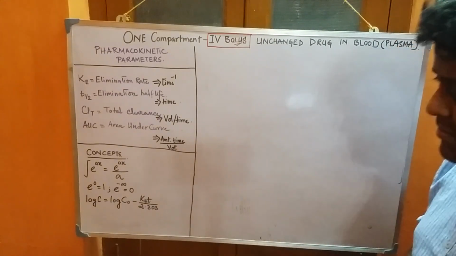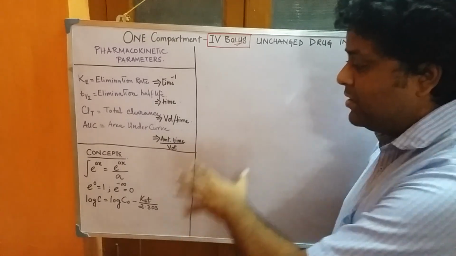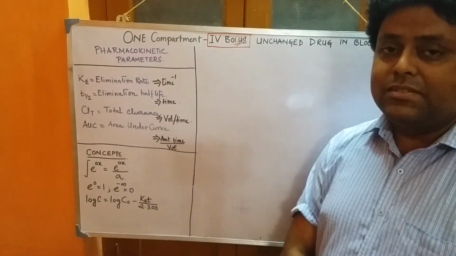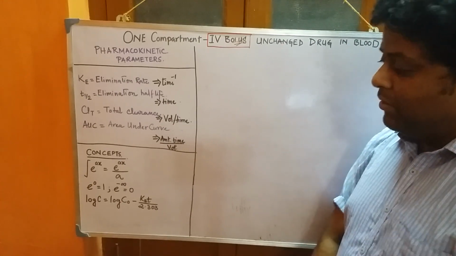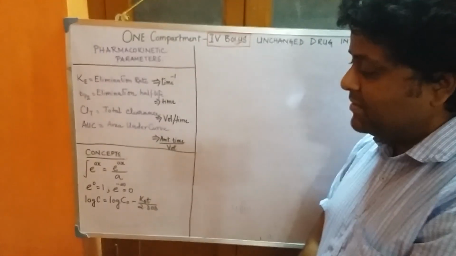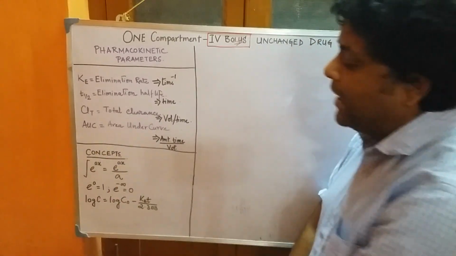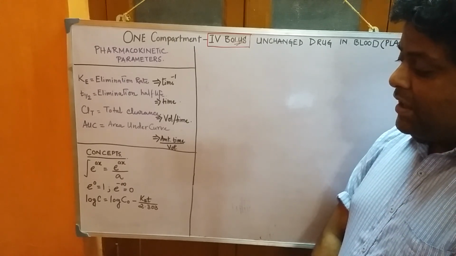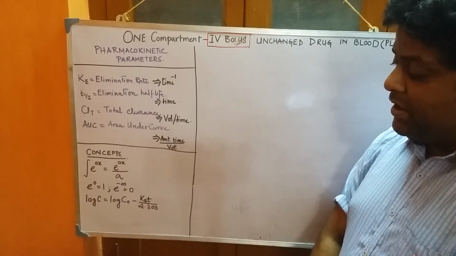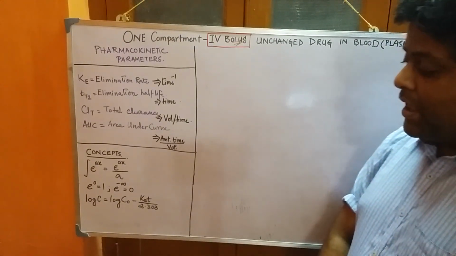The mathematical concepts which are essential for derivation of these pharmacokinetic parameters generally involve the integration of e to the power x, which equals e to the power x by a; e to the power 0 equals 1; and e to the power minus infinity equals 0.